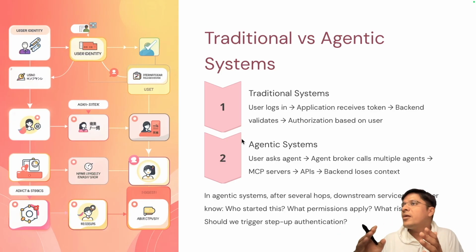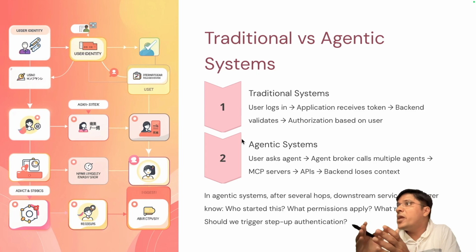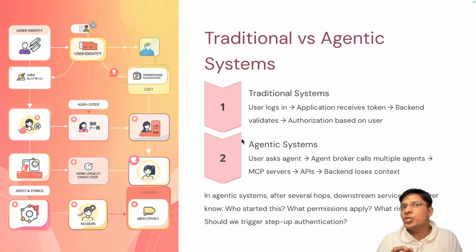Multiple agents will be calling multiple servers, and then finally APIs will be executed. But the backend won't be able to see the actual context which was initiated by the user. So the backend services in an agentic system no longer know who started this process, what permission was involved, what risk level is applied for this particular request. Do we need to have extra authentication for important transactions like money transfer or claims approval?